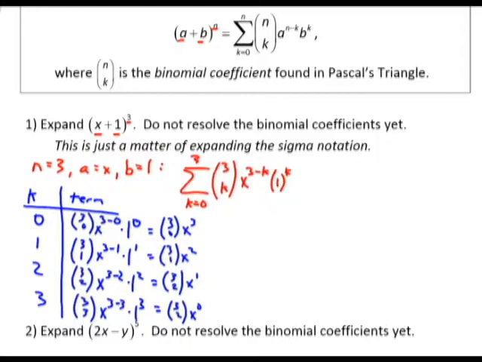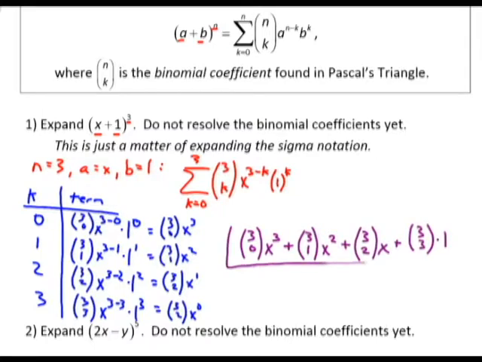To get our final answer, we simply find the sum of all these terms. We'll look at replacing the binomial coefficients in a bit.